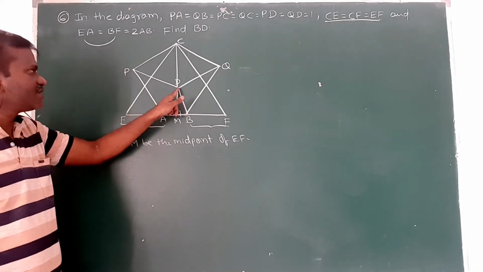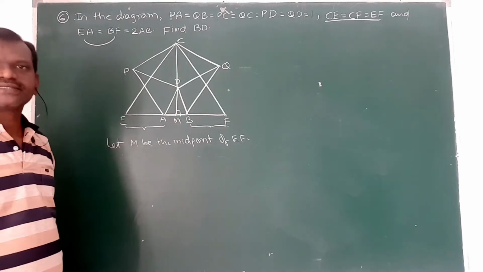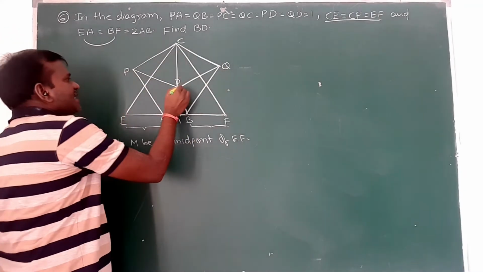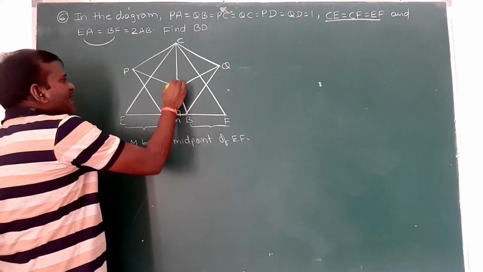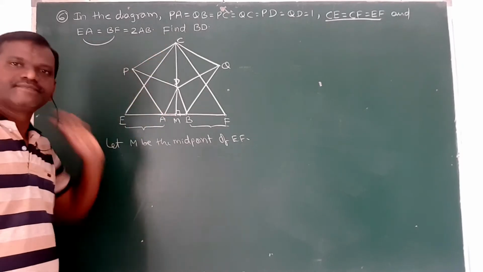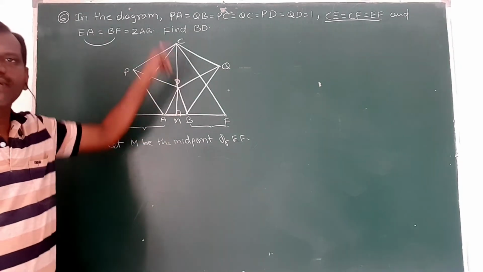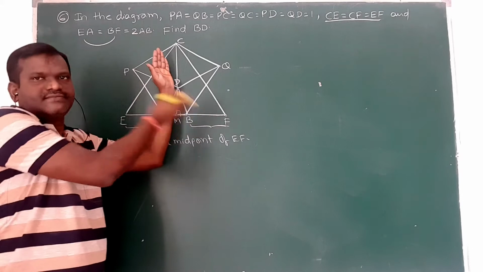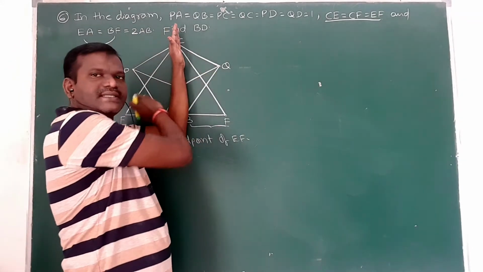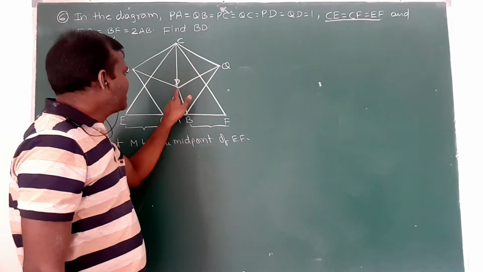All the side lengths are equal. If I fold it, then D will be on the folding part, on CM. So D should lie on CM by symmetry. All this figure is symmetric about this axis. So that's why D should lie on CM.